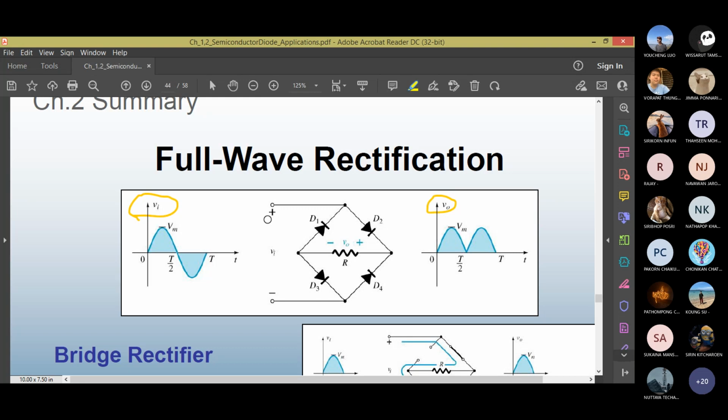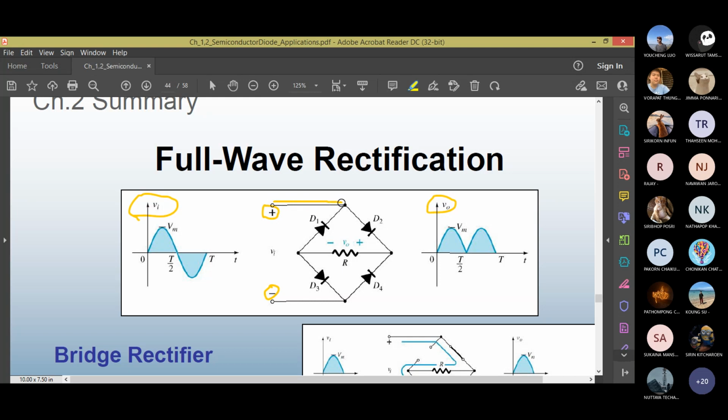Now start tracing the input voltage path. During the positive half cycle, which means the input voltage here is plus, minus, which diode will be on? Let's try to trace which one is going to be on.